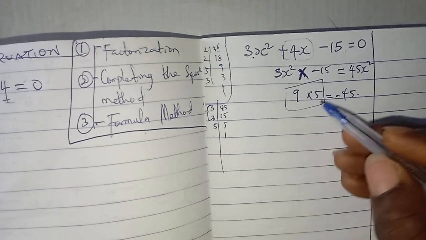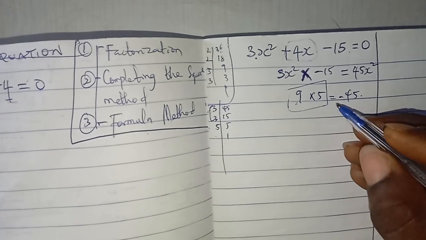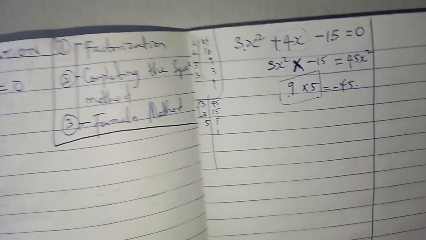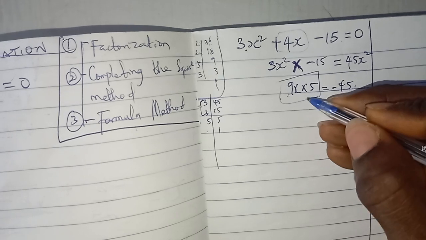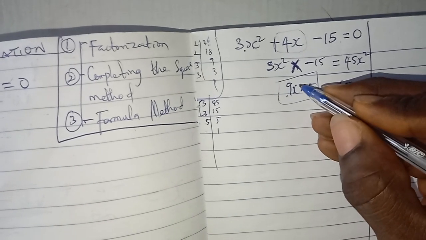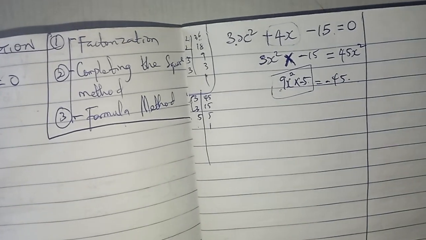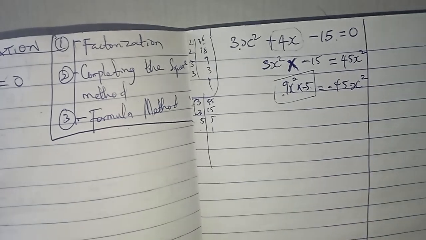So how do I put 9 and 5 together so that when I multiply, it gives me minus 45x squared? Let's say I put 9x, and then minus 5x. It will give me minus 45x squared.